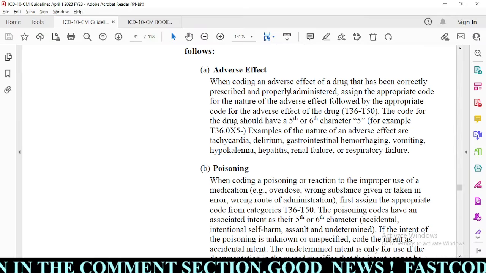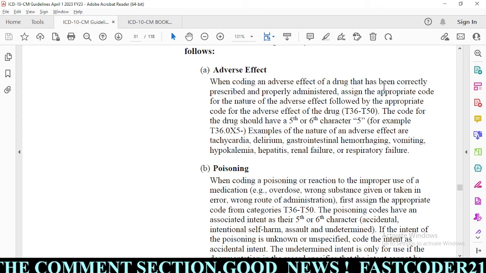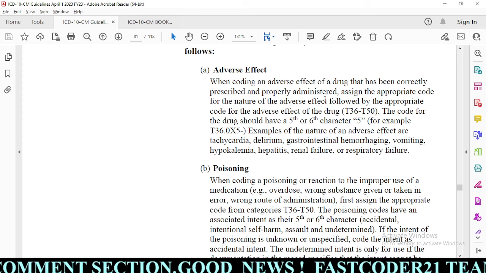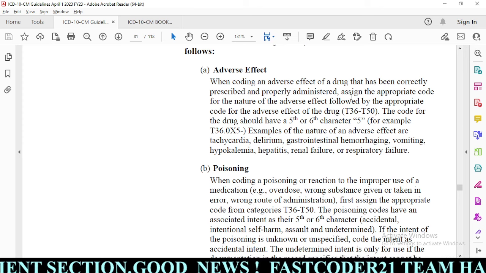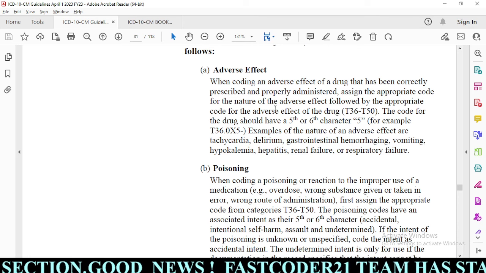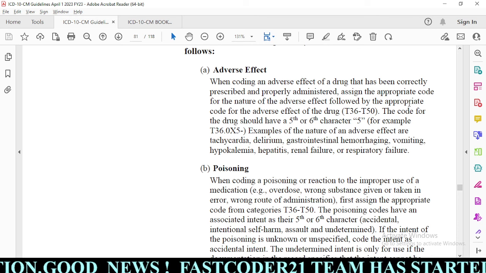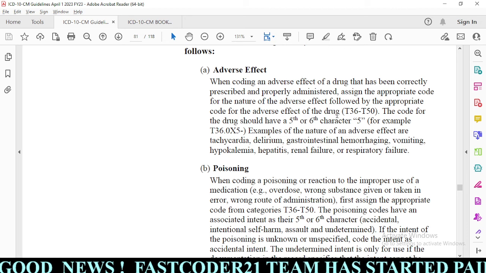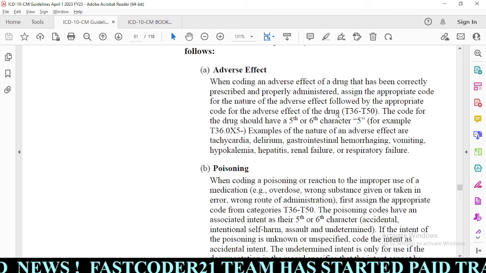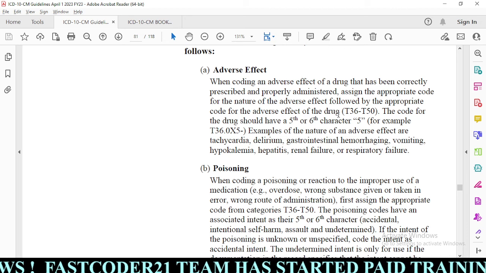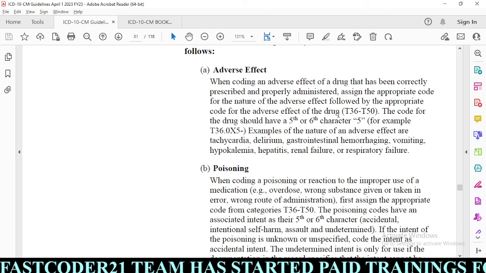So based on the guidelines, when coding an adverse effect of a drug that has been correctly prescribed and properly administered, we need to assign the appropriate code for the nature of the adverse effect followed by the appropriate code for the adverse effect of the drug. So here we need to code bradycardia as well as the T code or T series code.